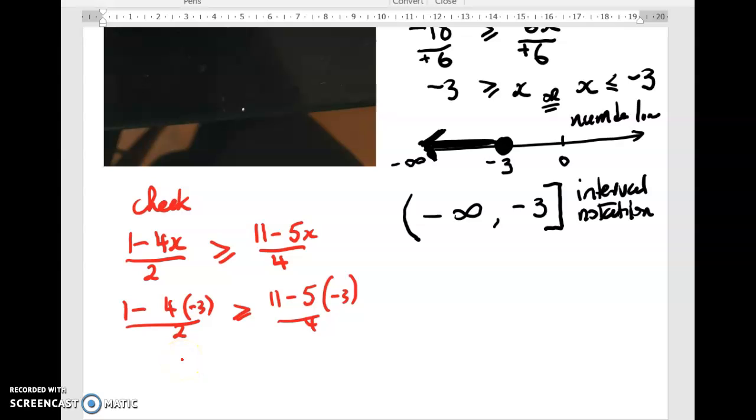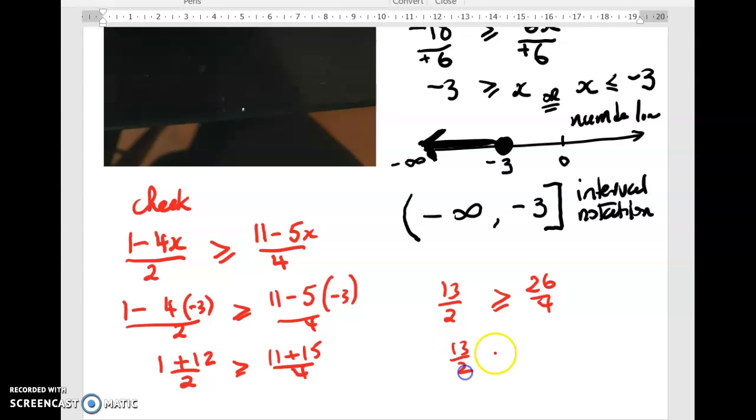So we end up with 1 plus 12 over 2 and 11 plus 15 over 4. And we have 13 over 2 and 26 over 4. 26 over 4 can be simplified.